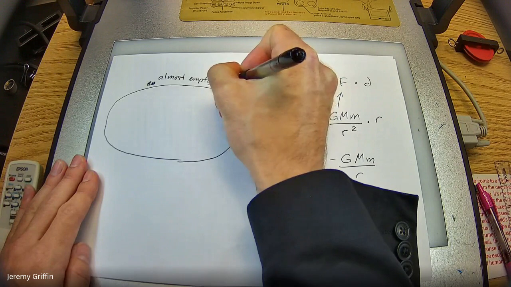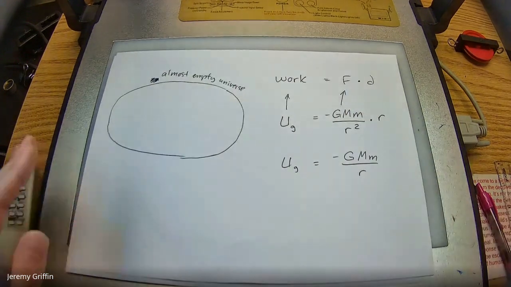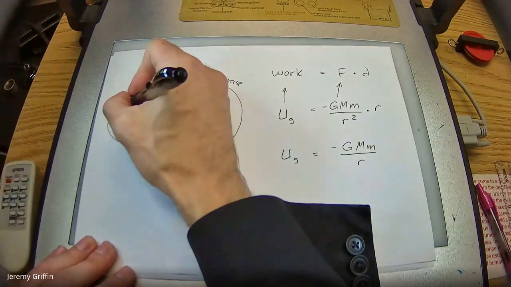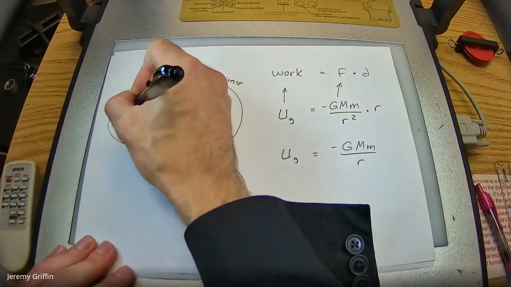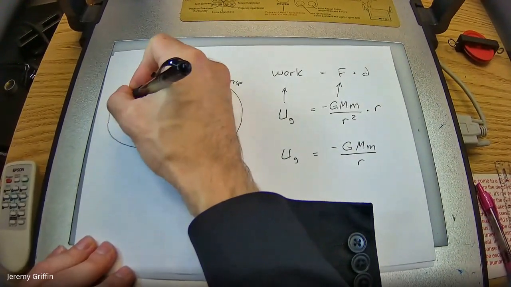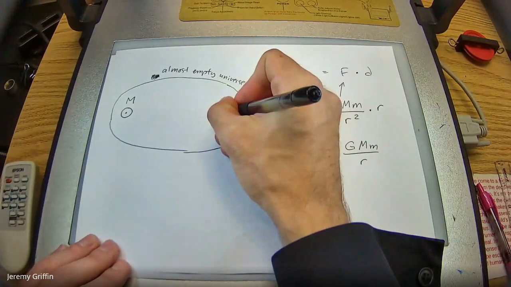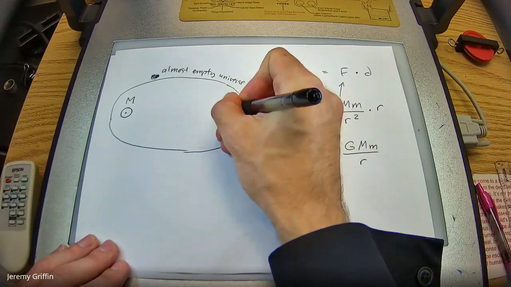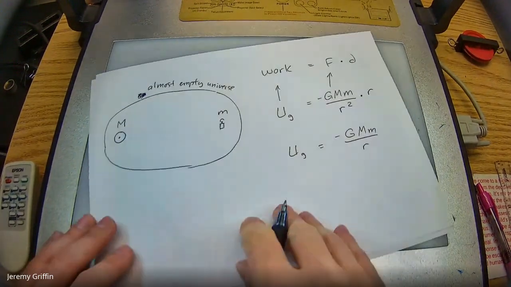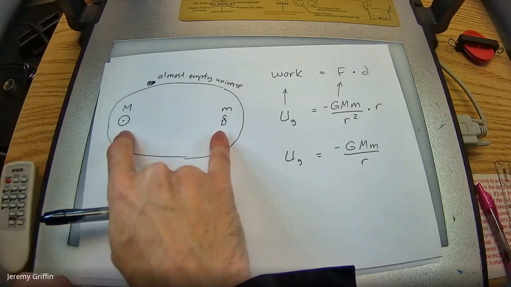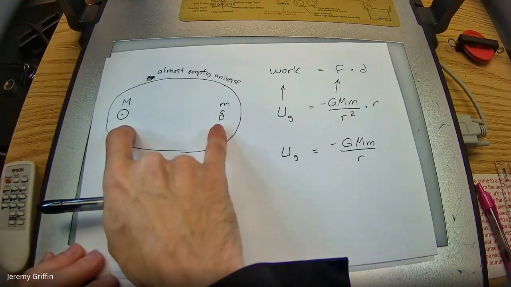This is kind of a crazy example, but it's the best way I can think to explain where the negative comes from. Let's say on one edge of this otherwise empty universe, there's a planet that has mass capital M. And on the other side of this universe, there's a little tiny lab weight with mass little m. They're separated by some enormous distance that's almost infinite, just crazy big.